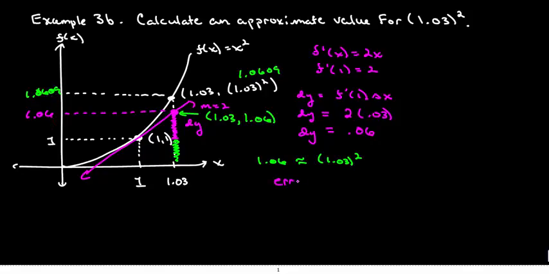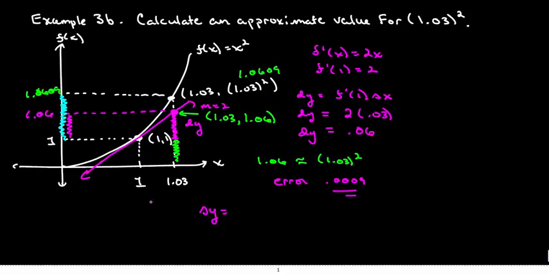So the error in our approximation is 0.0009. The actual delta y is this distance right here. dy is this distance right here.